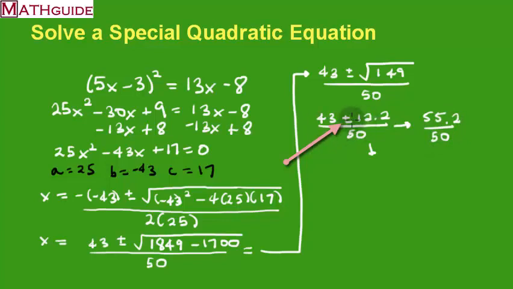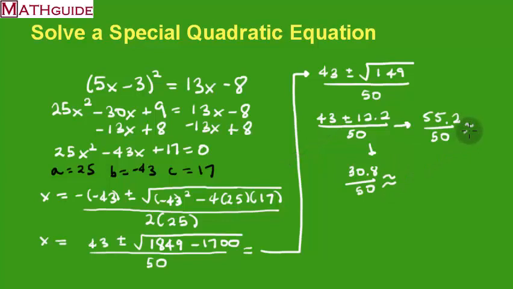But if I subtract these, I'm going to get 30.8. Still have to divide it by 50. So that's how you handle that plus or minus. One way you add, and then the other way you subtract. So in either case, you're dividing by 50.